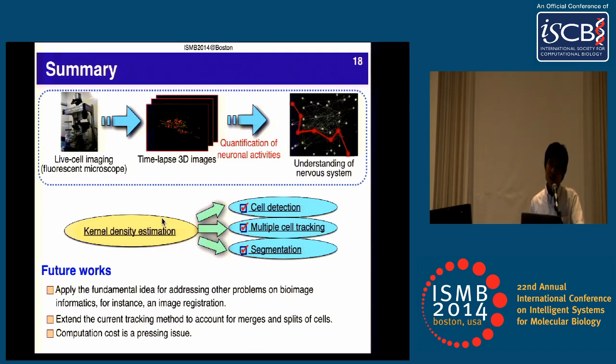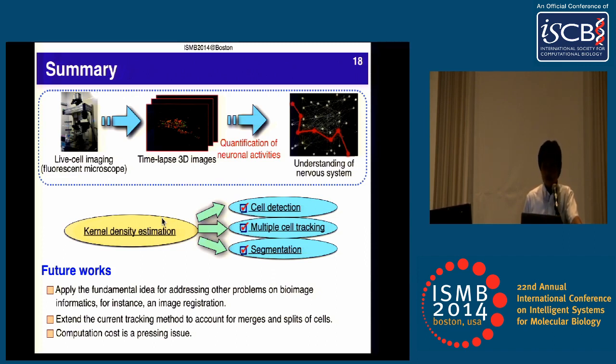We are now planning to apply this idea to other issues in bioimage informatics, such as the non-rigid registration with free-form objects. And also, the current tracking method cannot deal with the split and merge of cells, but the detection and tracking of cell division is very important for many live cell imaging data.